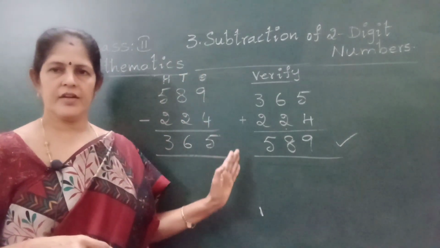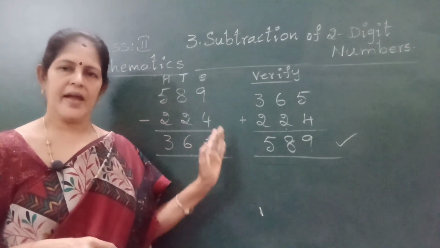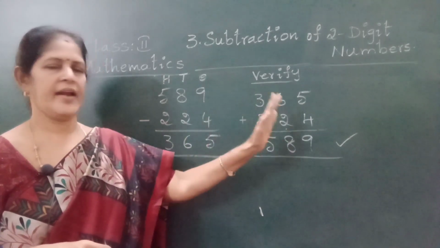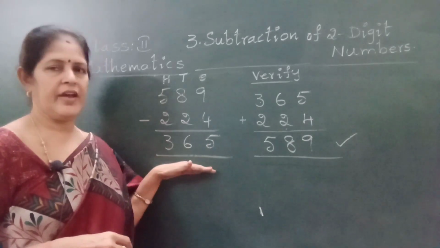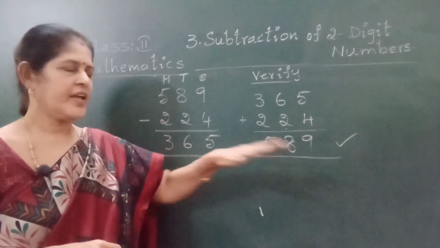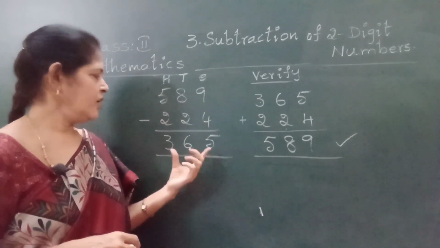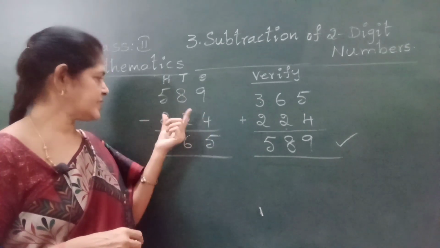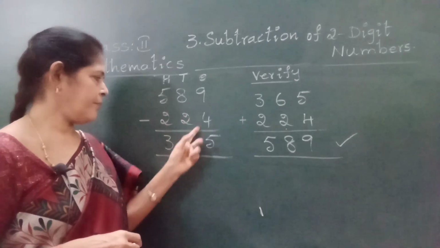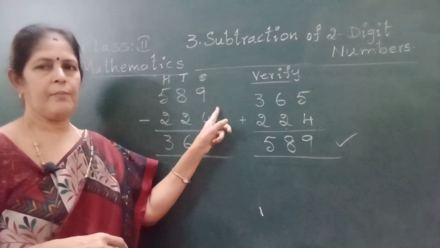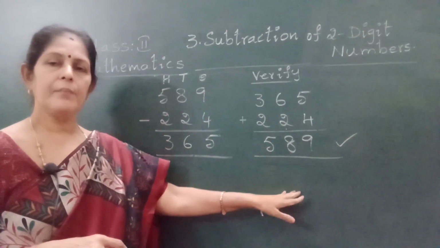This is verifying subtraction using addition. First do the subtraction, we get the difference. Next goes to verification. In the verification, we take the difference and the second number and add these two numbers. We get the bigger number.